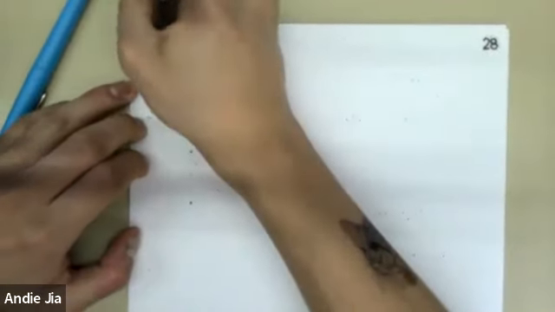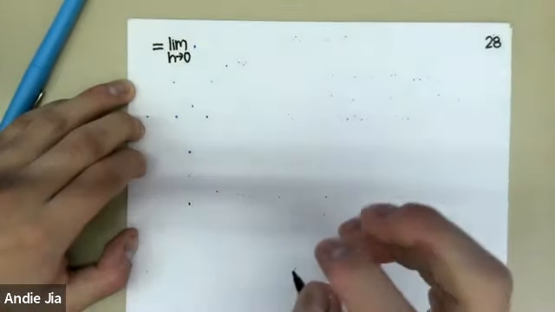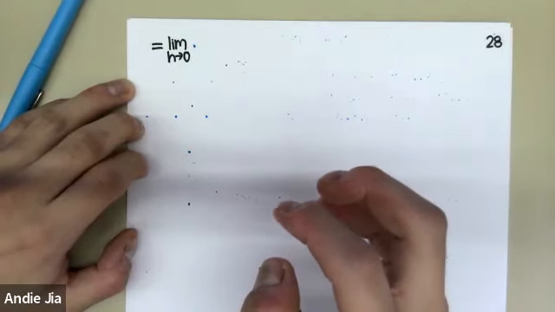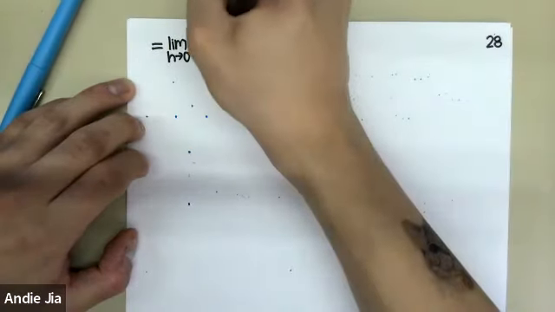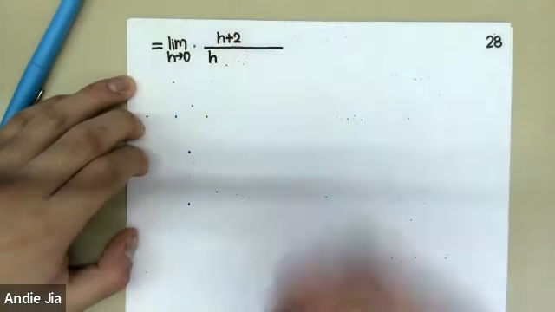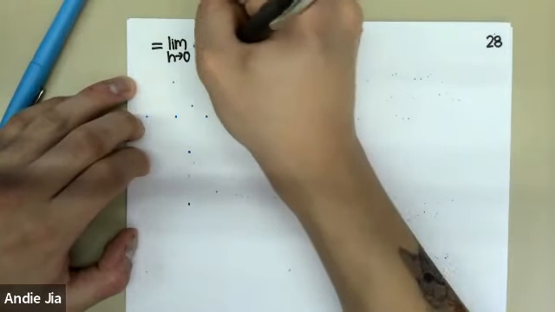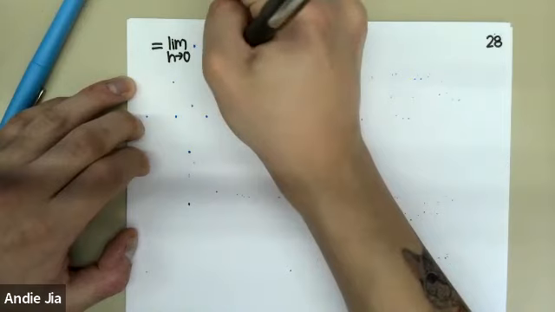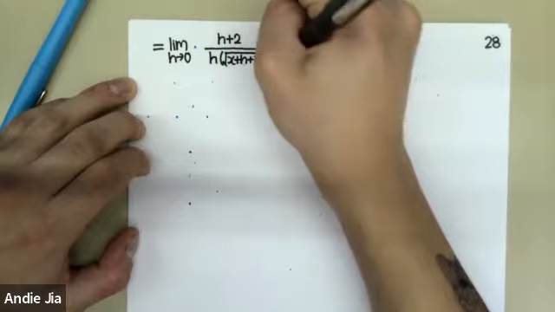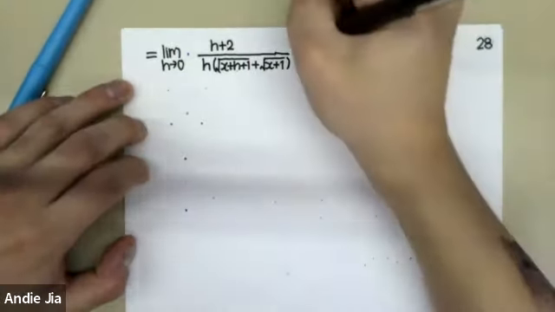We go to the limit. As h goes to 0, x and x cancel, it becomes h plus 2, over the radical of x plus h plus 1 plus the radical of x plus 1. Cancel out the h.